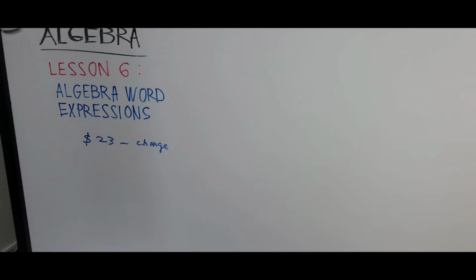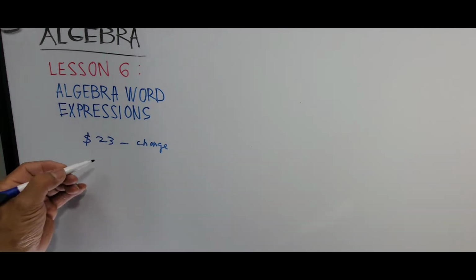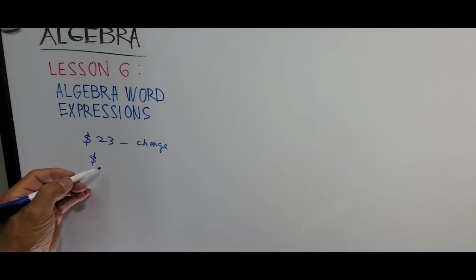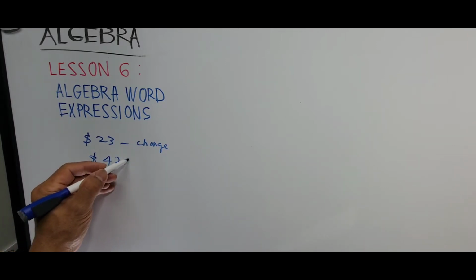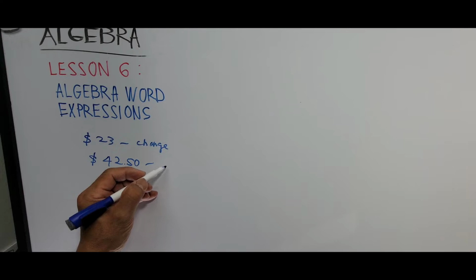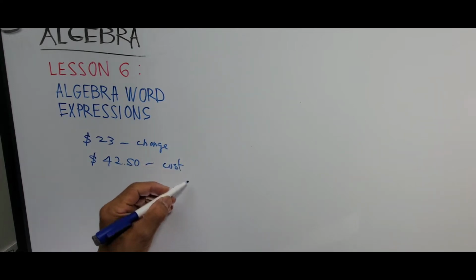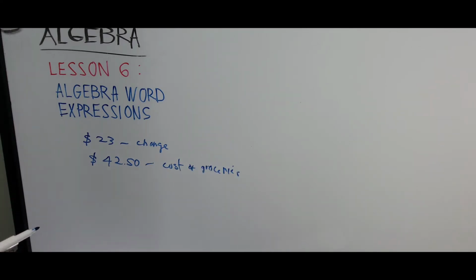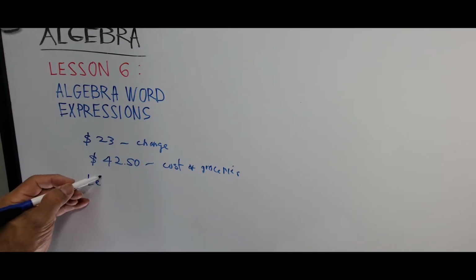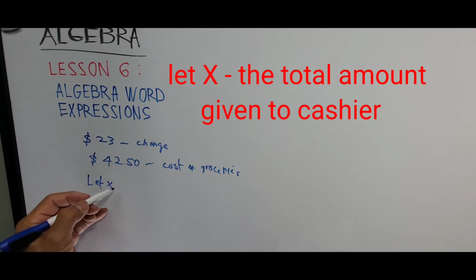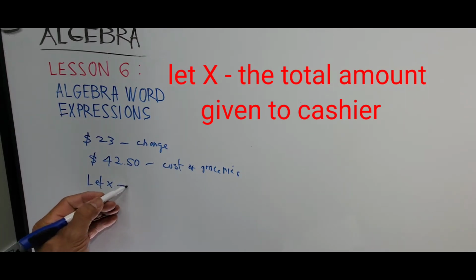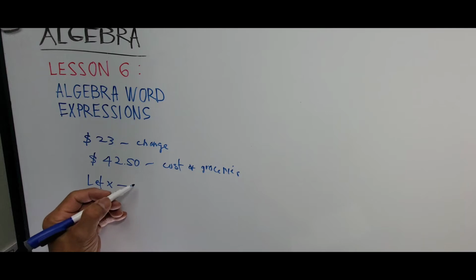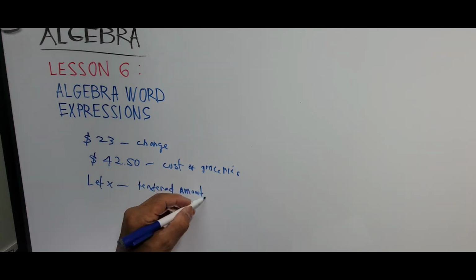That's $23, your change given back to you by the cashier. So the amount of groceries that you bought is $42.50. So the cost of your groceries, and trying to figure out how much money you gave the cashier, that represents as let x be the unknown amount that you gave the cashier, the tendered amount.